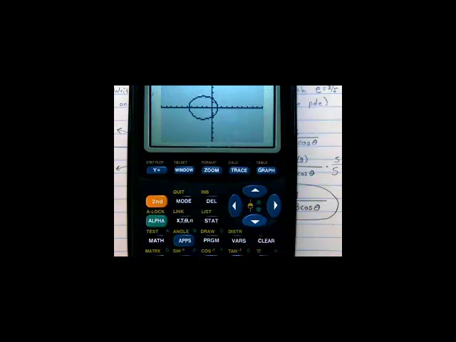If you knew how far away the right focus is from the vertex, and that's all you knew, you could work out how far it is from the other vertex. You'd have to know the other vertex too, though.